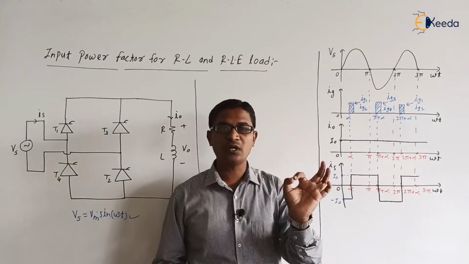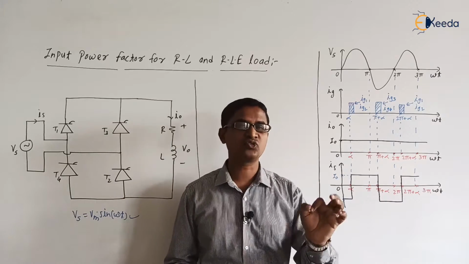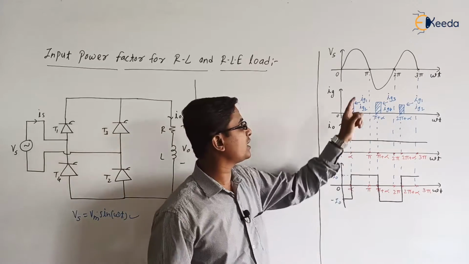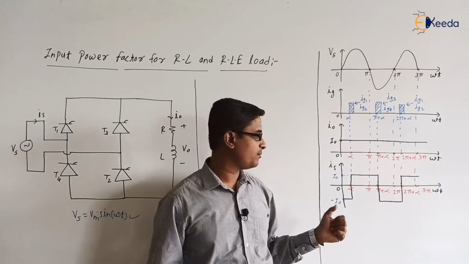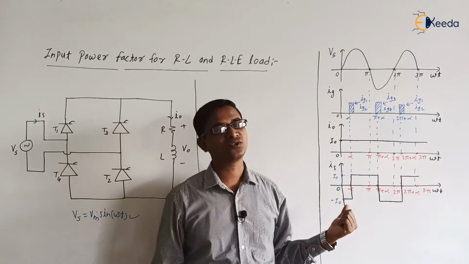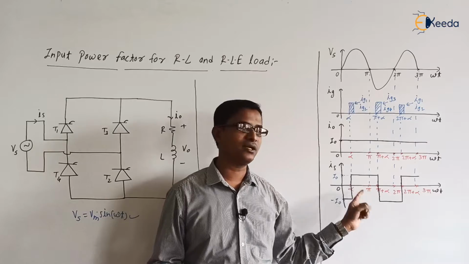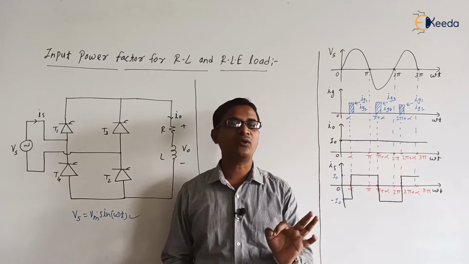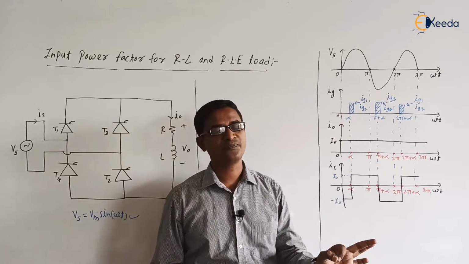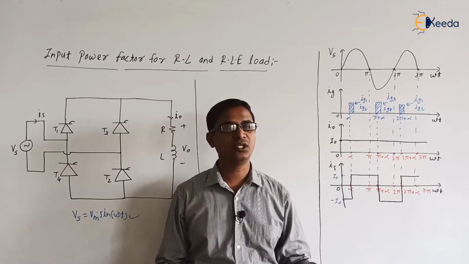Next, important to note here is the waveform of Is, that is the supply current, the source current. Here the supply voltage is sinusoidal, but the supply current is non-sinusoidal. So in this case, we cannot directly use the expression input power factor equal to load power divided by source voltage into source current.